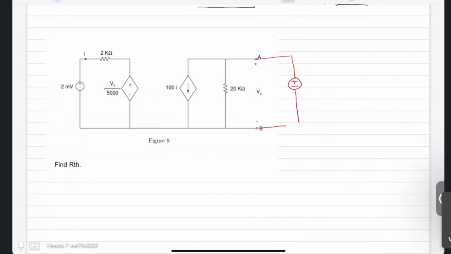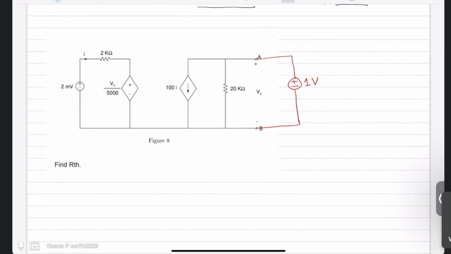You have the liberty to connect a voltage source of 1 volt. I am connecting 1 volt. You can connect 2 volt, 3 volt, any voltage. Because the circuit is linear, whatever voltage you connect, the current drawn will be proportional, so the ratio V by I will remain the same. That is the resistance.